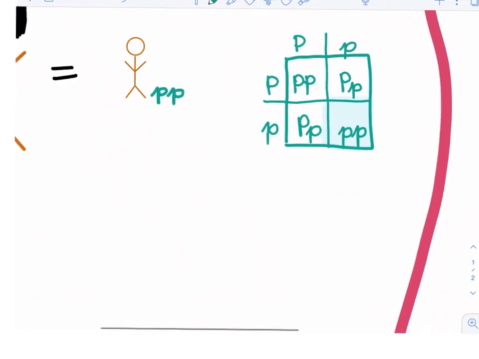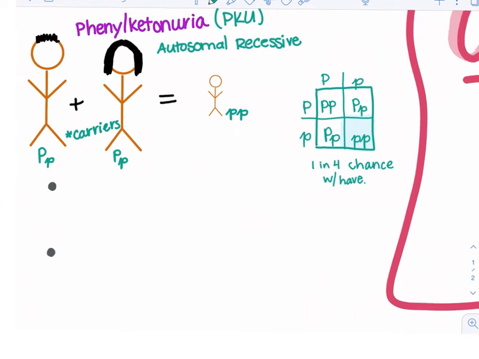So if both parents are carriers, you have a 1 in 4 chance that your offspring will have PKU. And that's true for each child that's born. If you have three children that do not have PKU, and you have a fourth child, that does not mean they automatically have the disease. It, again, just means there's still a 1 in 4 chance that they will have the disease.